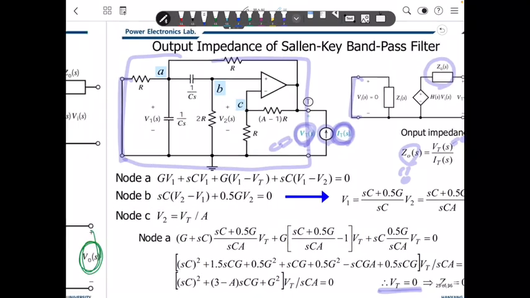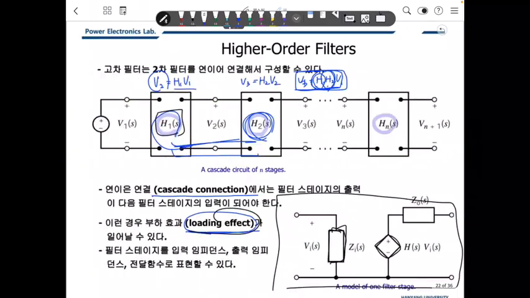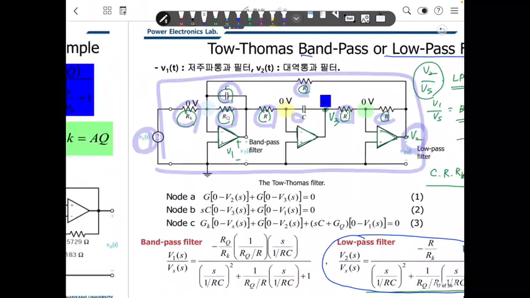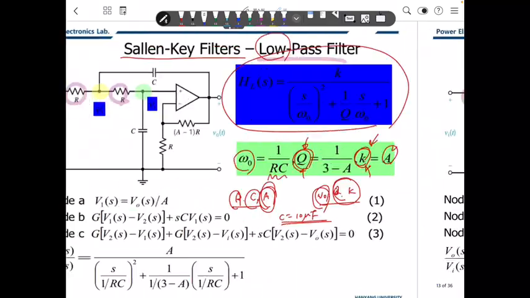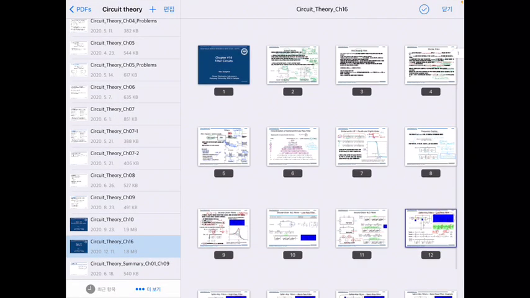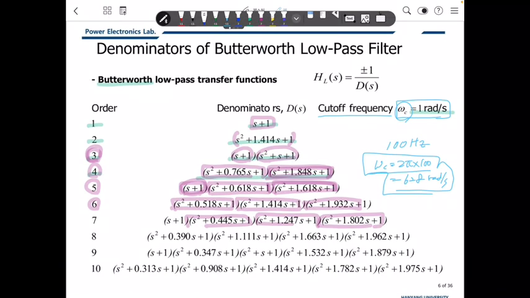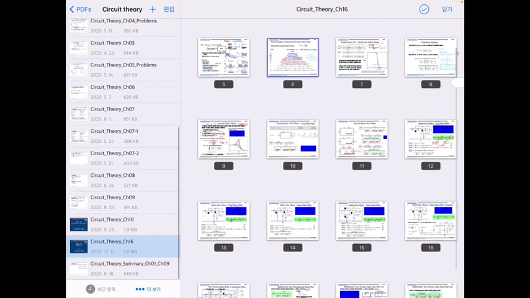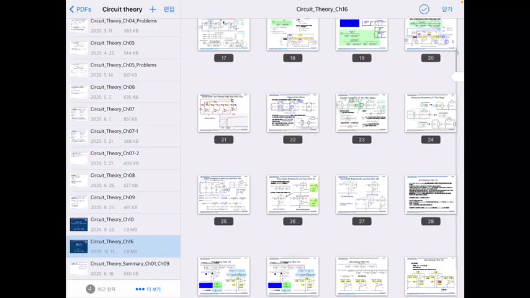In the previous slide, we can get it. This slide shows the Butterworth denominators. So the second order is this form, and you can use the second order low pass Butterworth filter.